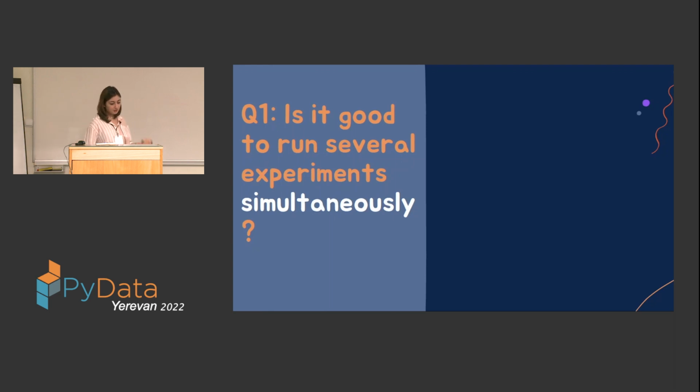So is it good to run several experiments simultaneously? Sometimes yes, sometimes no. For example, let's take the product that everybody knows, Facebook. You're changing the icon for the profile on the landing page that the user should target, and then you are changing something on the profile page to test the experiment.